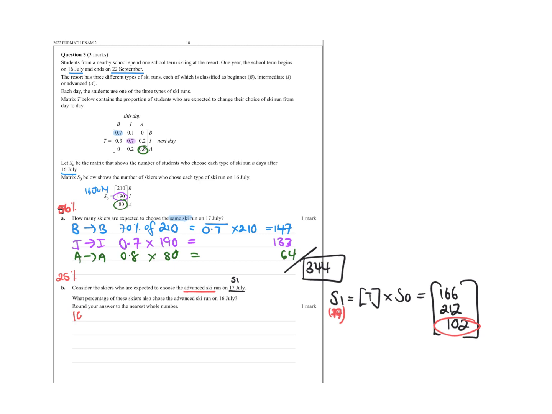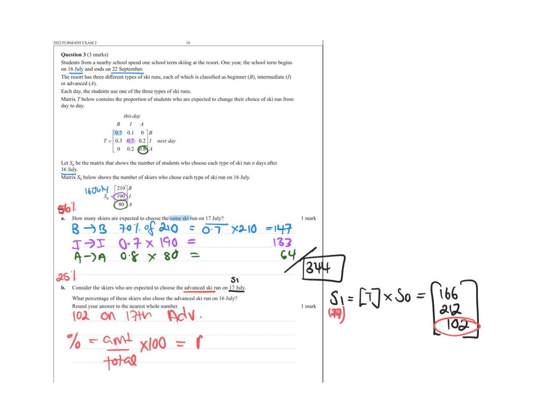So 102 on the 17th were advanced. And it said how many of them came from advanced the day before. So the percentage equals the amount over the total times 100.